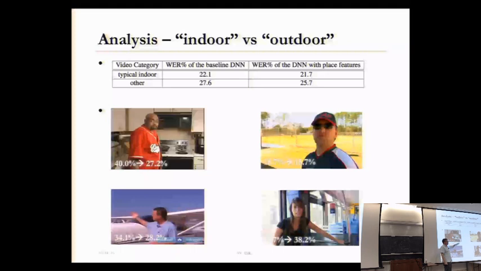So if you're in an office or in a clean room, we're not helping the speech recognition much. But if we're outdoors, say in a ballpark with typical ballpark noises, or on a train, those are individual examples of videos where we're going from 34% to 28% error rate, and from 44% to 38%, and even on average on outdoor videos we're going from 27% to 25%.